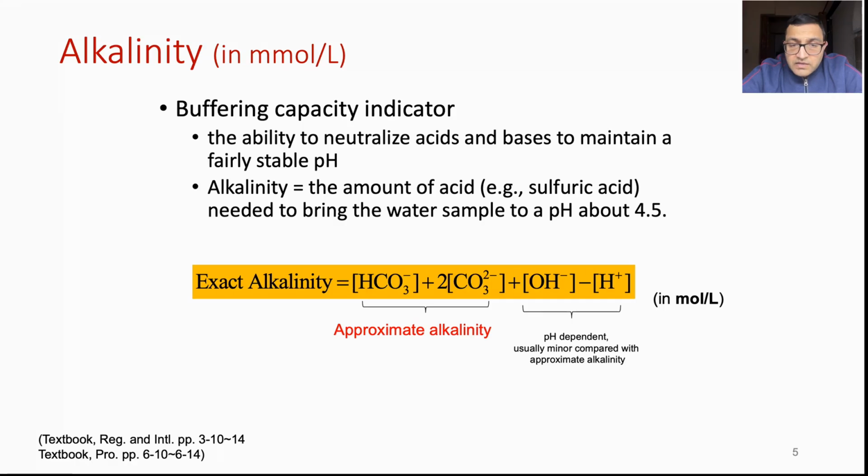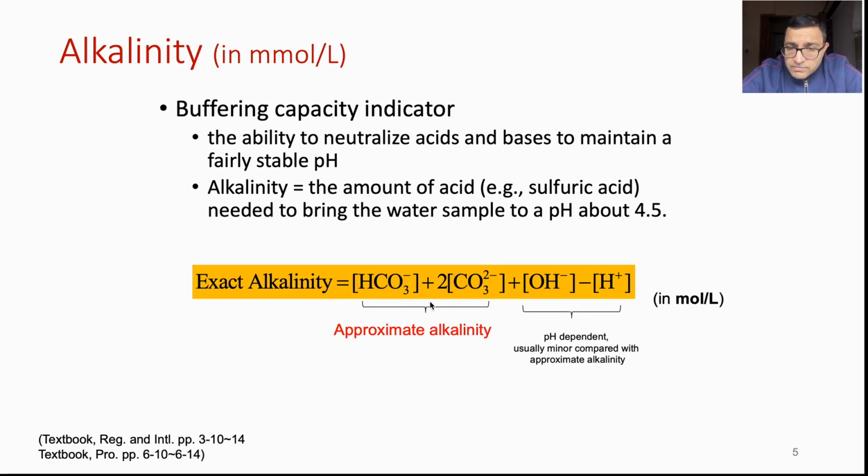Mathematically speaking, alkalinity is a sum of the bicarbonate, carbonate, hydroxide, and H plus ions. And this is the formula in moles per liter. Notice that the carbonate ion has a multiplier of 2 in front of it. If you ignore hydroxide and H plus, then that's called approximate alkalinity, which is a pretty big percentage of the total alkalinity.